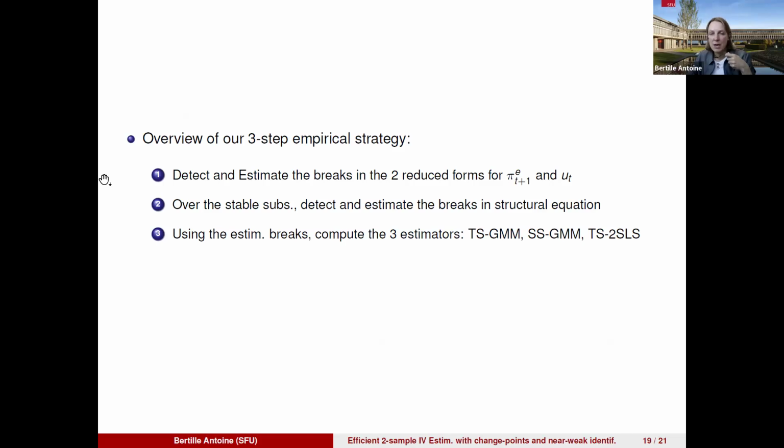All right, so how does our empirical strategy work? We first focus on each reduced form. We have two reduced forms here because we have two endogenous variables, the expected inflation and the unemployment rate. The first step is to study each of them separately, detect and estimate the breaks, and possibly look for common breaks between these two equations.